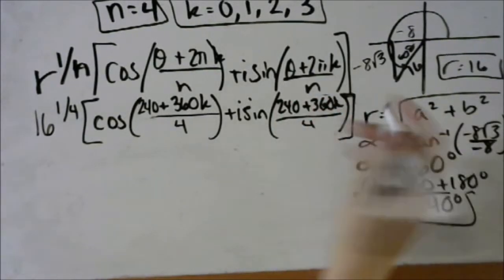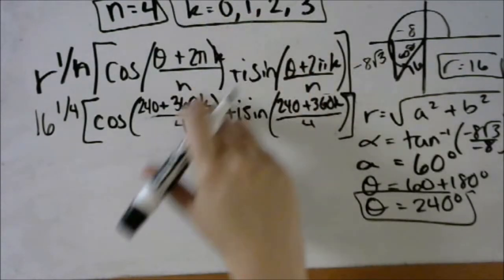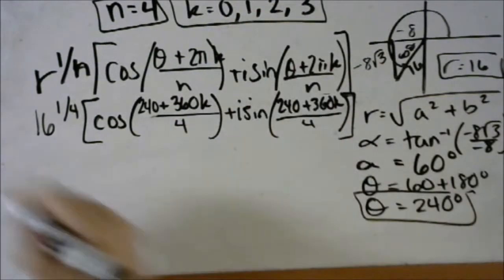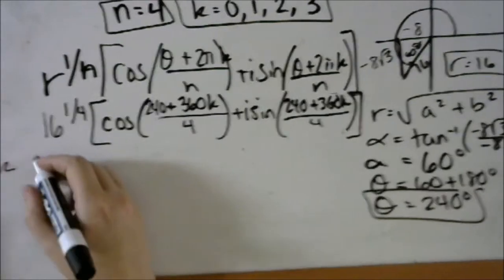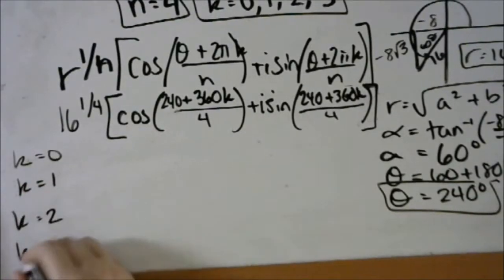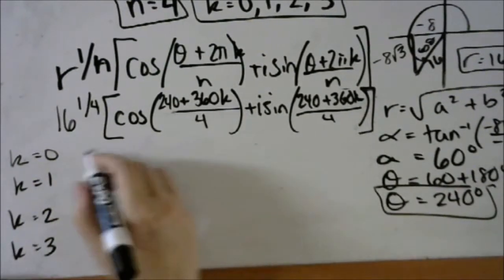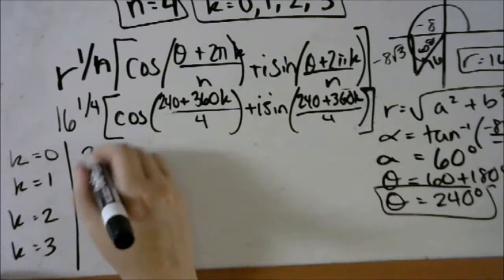And then I am going to find each of my 4 answers by substituting k equals 0, k equals 1, k equals 2, and k equals 3. And so here to the side, k equals 0, k equals 1, k equals 2, and k equals 3. Let's start with 16 to the 1/4 power. 16 to the 1/4 power is 2.